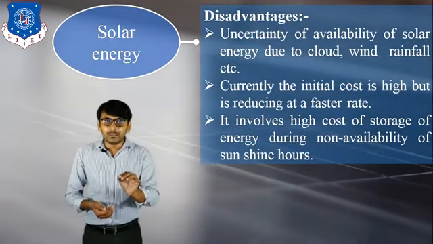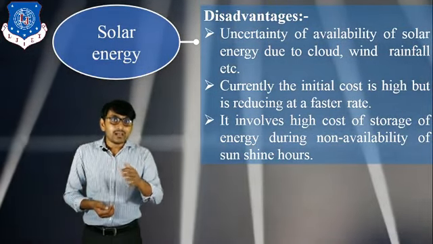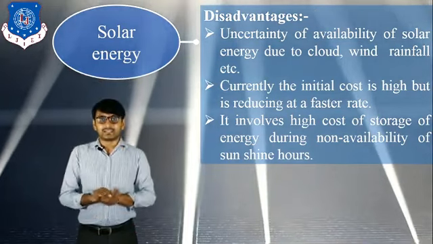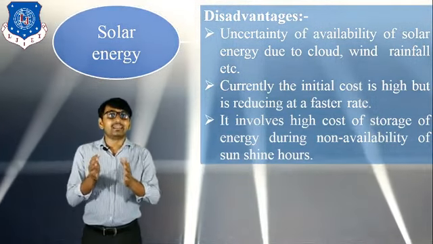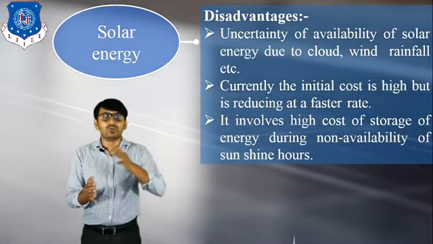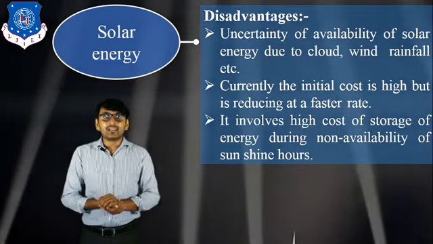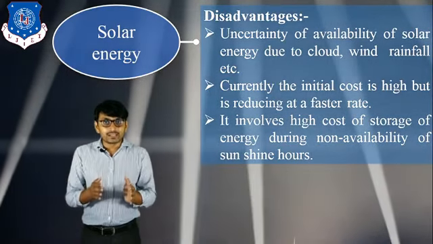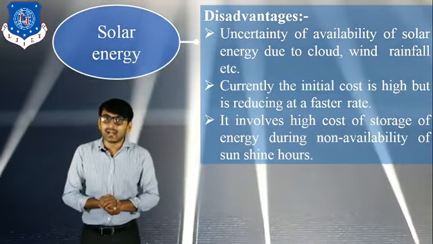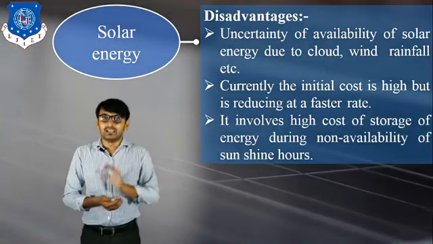So these are some advantages of solar energy, and there are some disadvantages also. Like first one, uncertainty of availability of solar energy due to clouds, wind, rainfall conditions. So there is uncertainty. We do not get a constant amount of solar energy. Second, currently the initial cost for manufacturing of solar panels and installation cost is high, but is reducing at a faster rate.